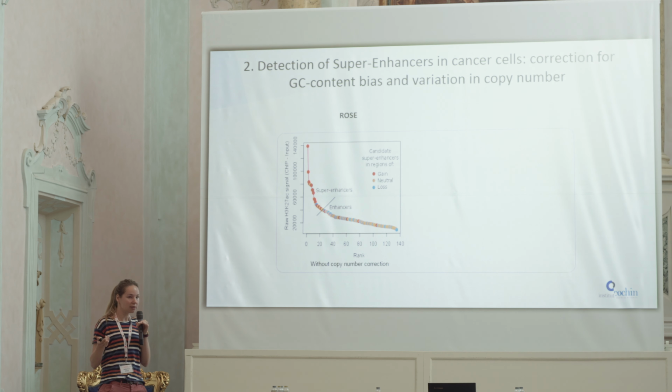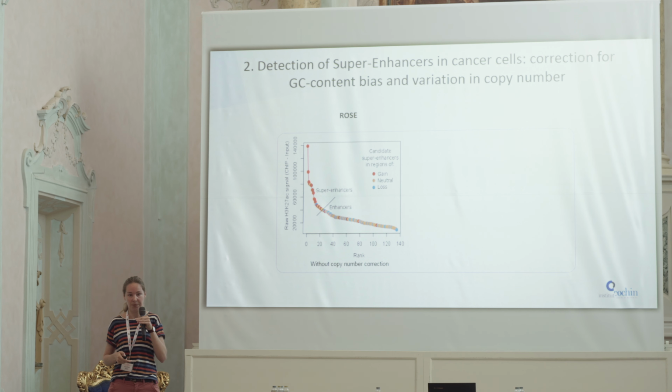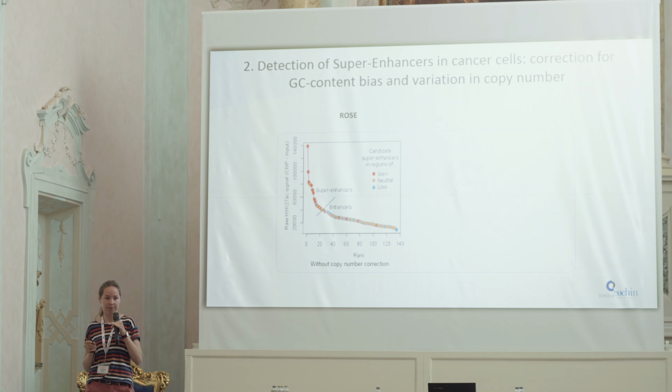But imagine in cancer, you are in a region that was amplified 100 times. You will have 100 times more signal for acetylation, but also in the control experiment. If you do just this difference, even if you have a small enhancer, it will get a very high score, and you can call a small enhancer a super enhancer if this region is located in the amplification region.